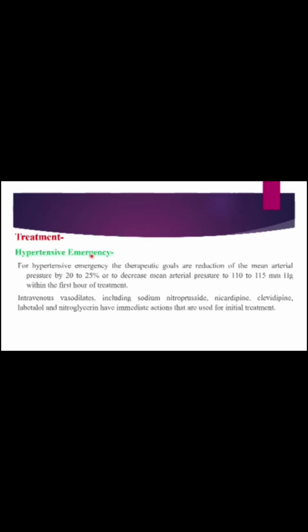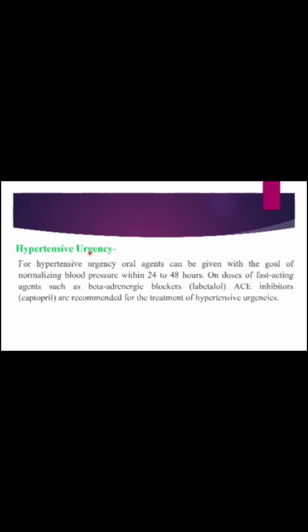Then treatment. For the hypertensive emergency, the therapeutic goal is reduction of the mean arterial pressure to 110 to 115 mm of Hg within the first hour of treatment. Intravenous vasodilators include sodium nitroprusside, nitroglycerin, and nicardipine. These are helpful for the hypertensive emergency.